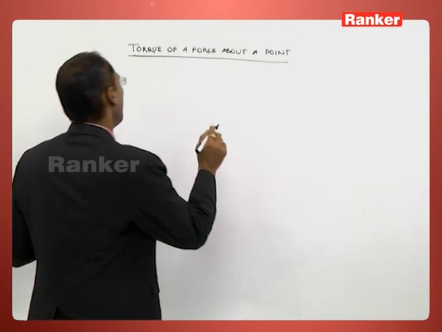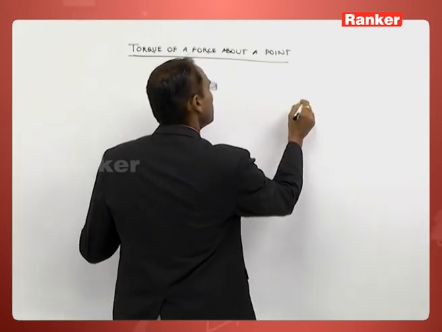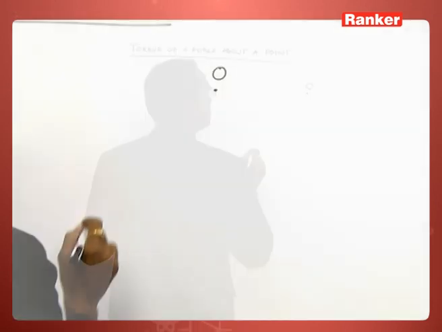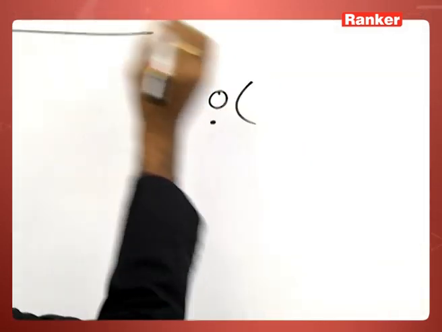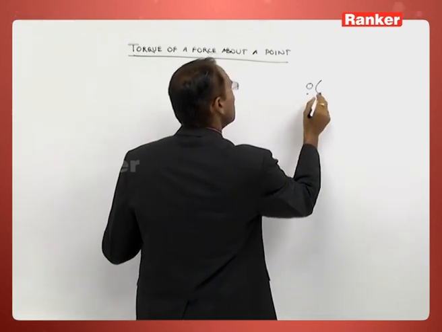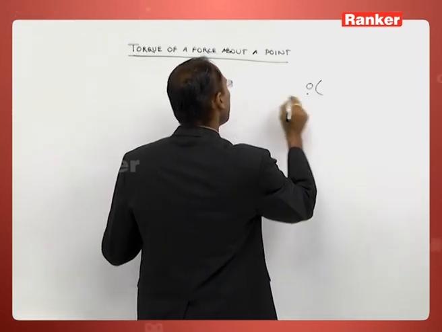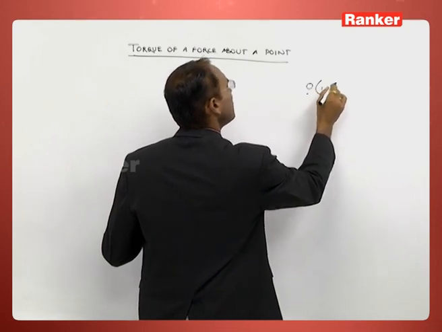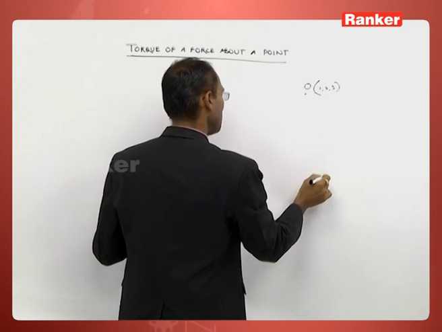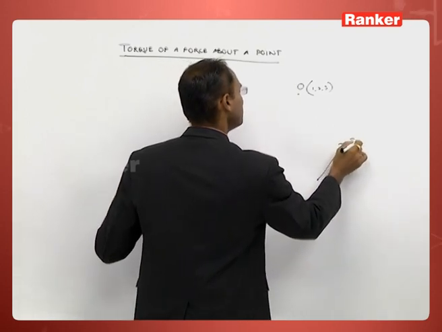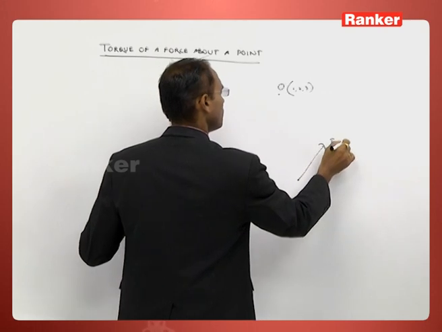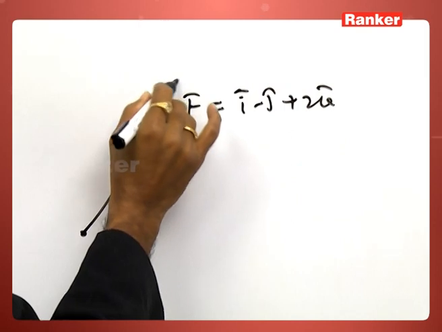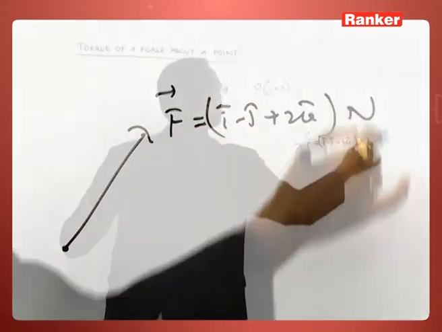Well, the torque about a point O. Let us take the coordinates of this point to be 1, 2 and 3, and you are applying the force F equal to i cap minus j cap plus 2k cap Newton.